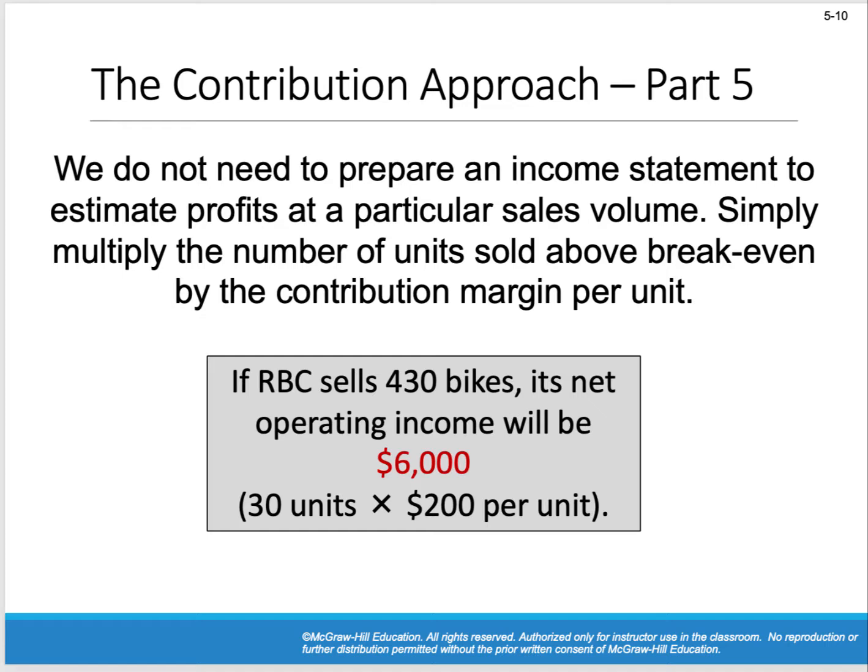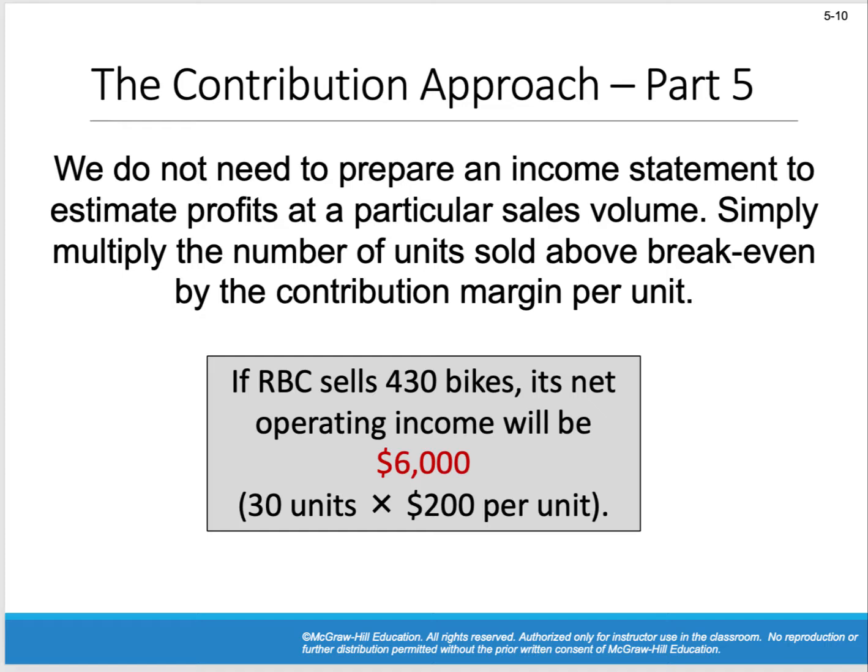We don't need to do that. We have our jumping off point, which is our contribution margin. Again, our contribution margin is what's left after variable expenses are deducted from sales, and it first goes to cover fixed expenses and provide a net operating income.